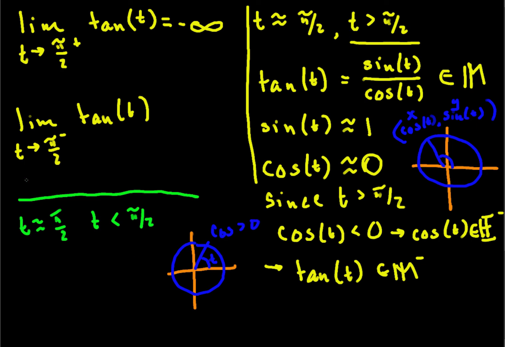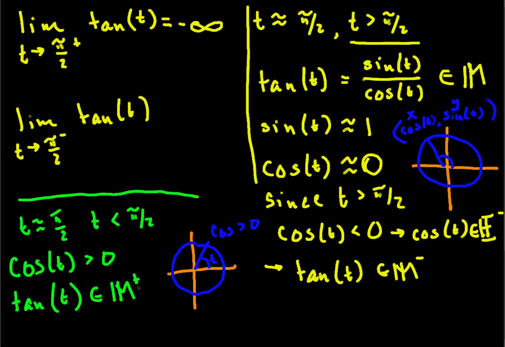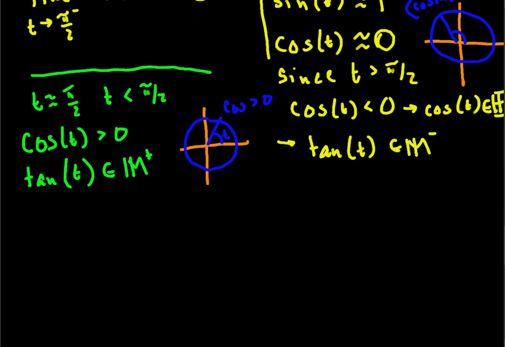So in this case, if t is less than pi over 2, then cosine of t is positive, and so tangent of t is an infinite number, but a positive infinite number, and so this limit is positive infinity.